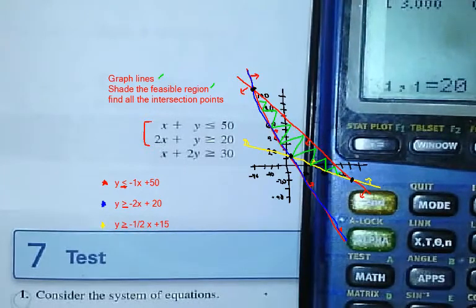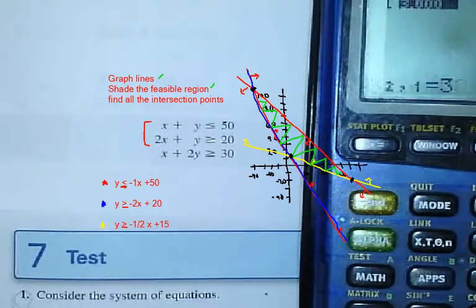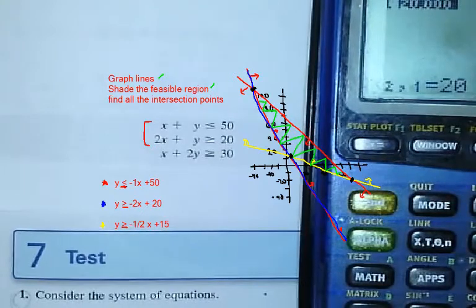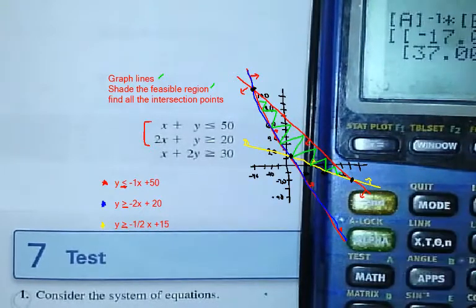And we want 50 and 20. Oops, I still did it wrong. 2 by 1. Now we're happy. 50 and 20. Hallelujah. Alright. A inverse times B.